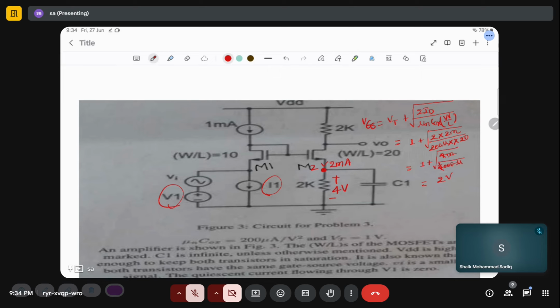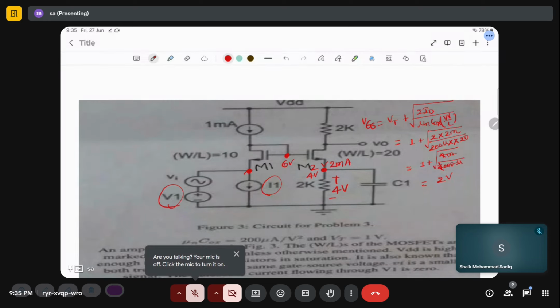So VGS is 2 volts. This node potential is 4 volts. What is this node potential? 6 volts.